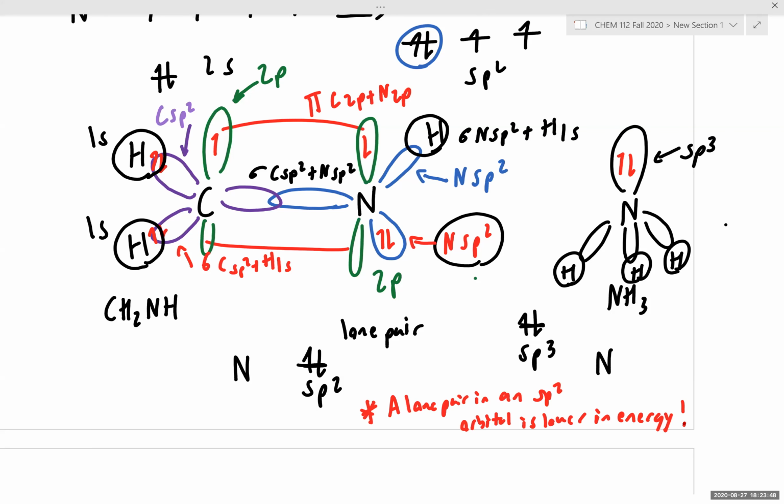In general, the lower in energy a lone pair is, the less basic that lone pair behaves. We'll see this later on in our chapter on acid-base chemistry, where hybridization directly impacts acid and base strength. Does this payoff make sense? We can only really see this readily by drawing out an orbital diagram and clearly labeling what orbital our lone pair is located in. Does this payoff make sense now?